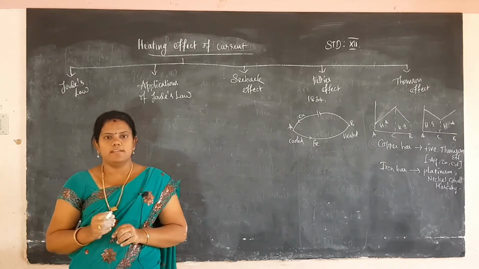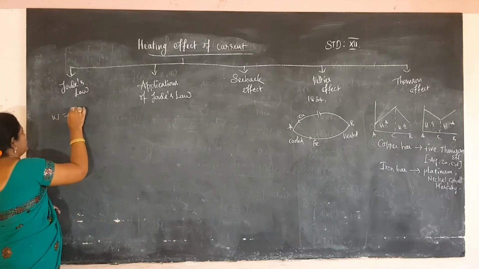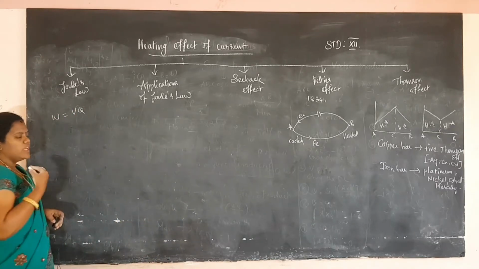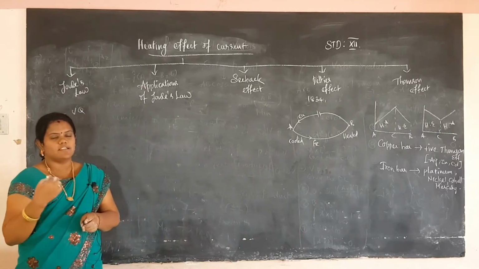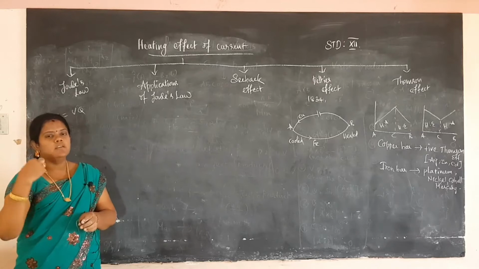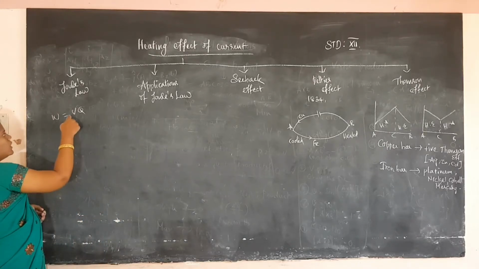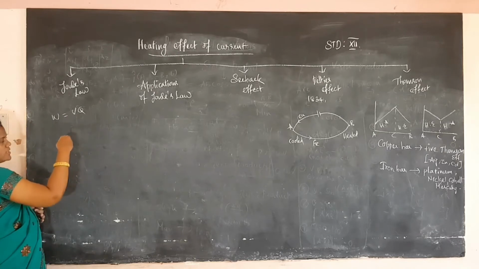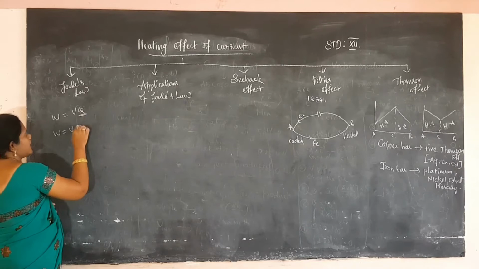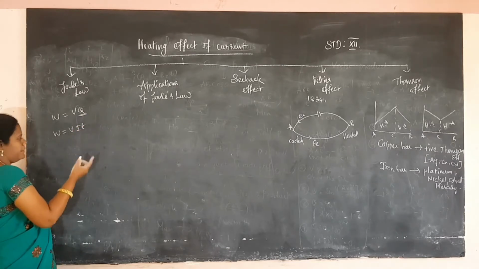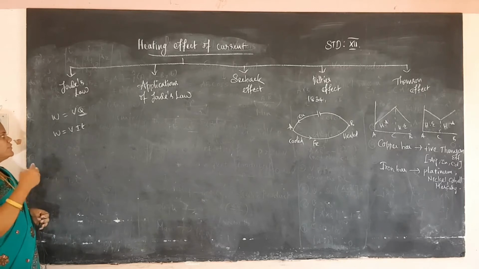Some work is done. The work done W is equal to V into Q. V is the voltage applied, the potential difference dropped across a resistor, and Q is the charge. Charge is I into T, the product of current and time. So W is equal to V into IT.